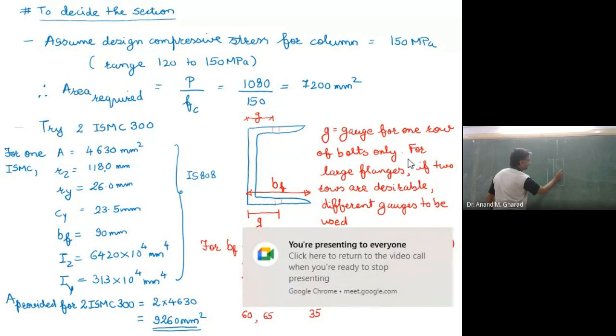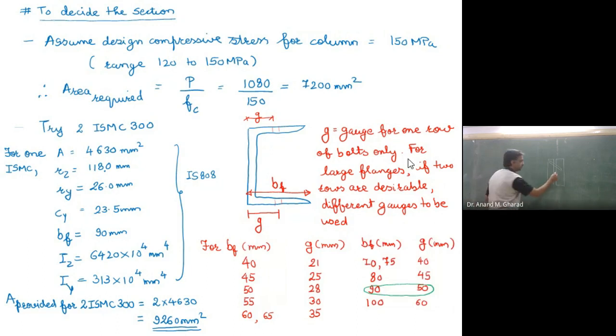there are two types of lacing arrangements you can understand. One type is like this, where the two lacing plates are not intersecting, they are separate. But most of the time you will find that only one bolt is sufficient for making the connection.